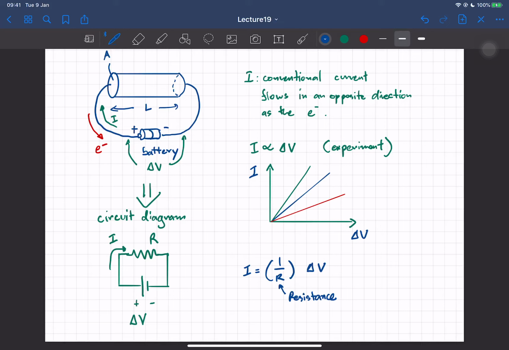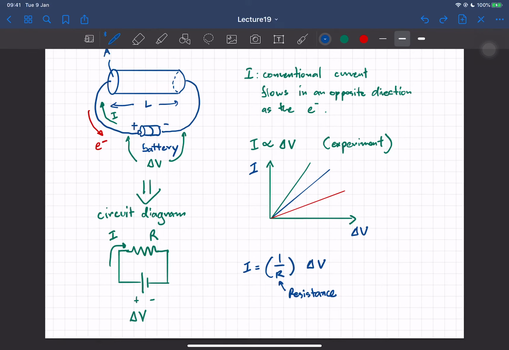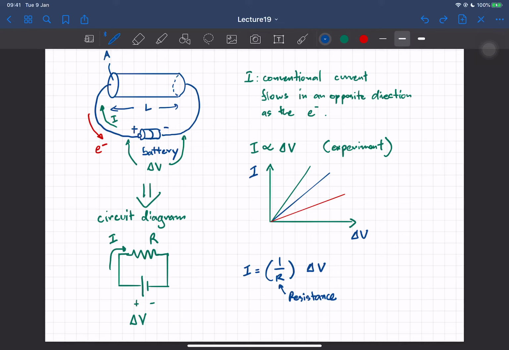And like the name suggests, if you have large resistance, for a given potential difference delta V, you're gonna have very low current. If you have very small resistance for a given potential V, which is set by the battery, you're gonna have huge current because you divide by a small number, right? So this is how we're gonna call the proportional constant of this equation.